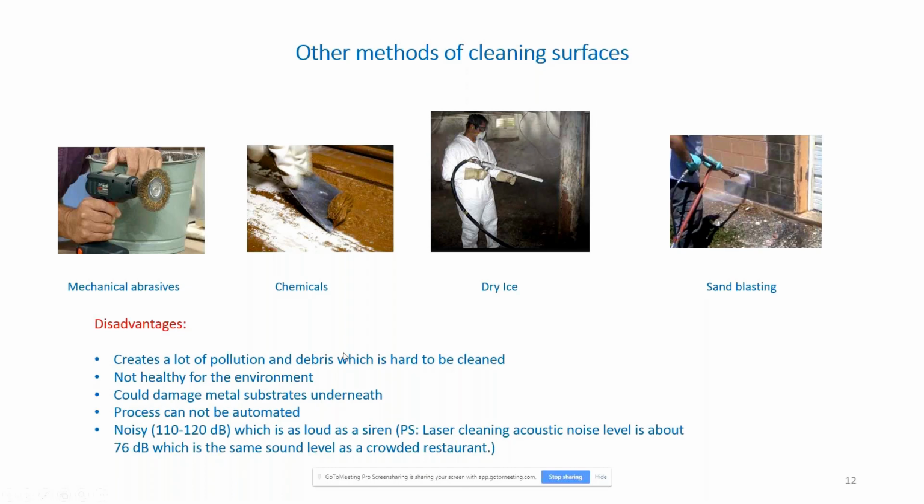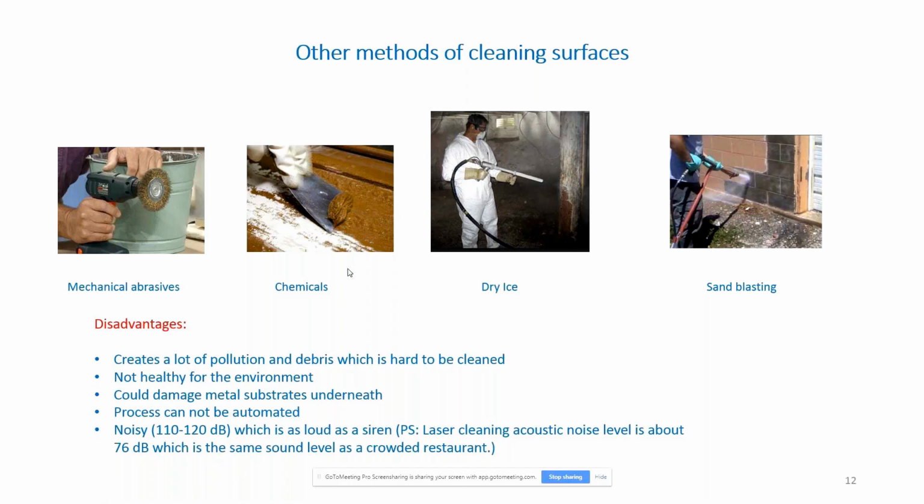So what are the disadvantages of these methods? First of all, they create a lot of pollution and debris, which is hard to clean. It's not healthy for the environment. As you saw in the laser cleaning, there was a suction pump that would remove all the ablated particles and keep it clean. But in this case, you have a lot of contamination.